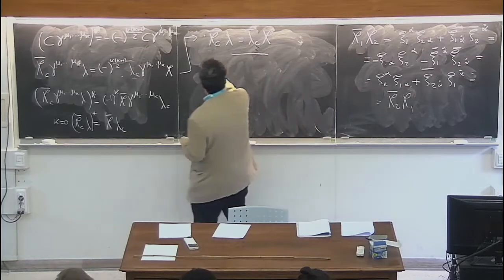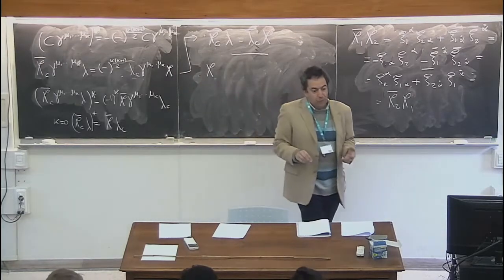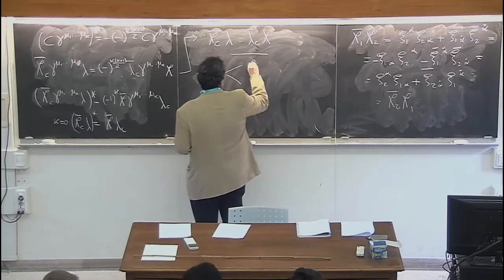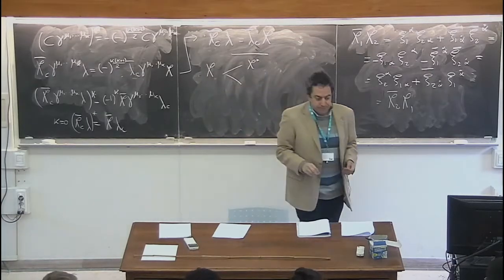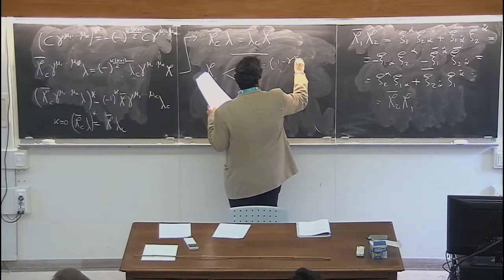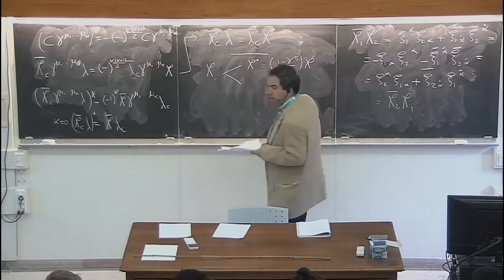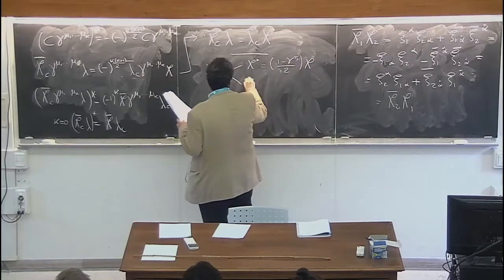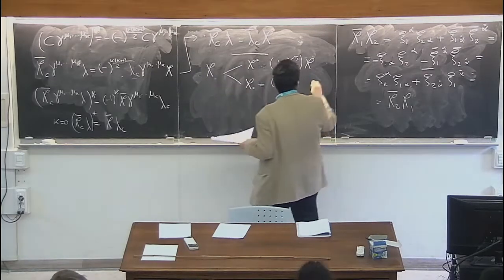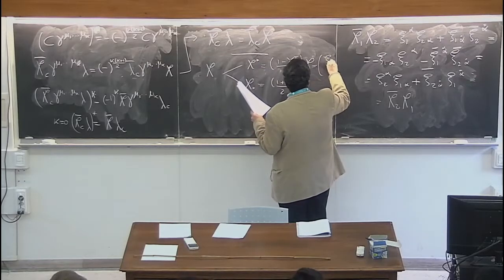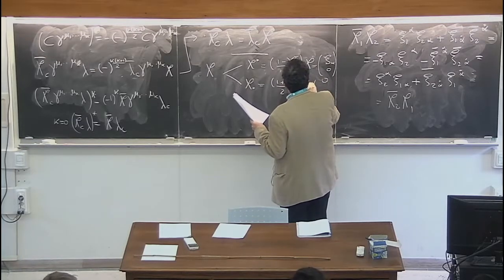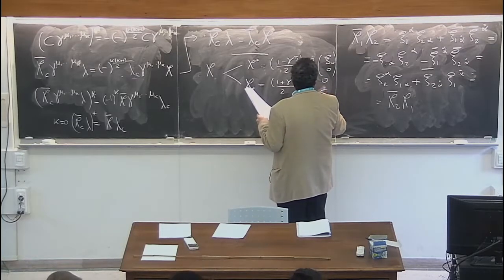Given a generic spinor, we can define its chiral components. How? We define chi upper bullet, which is 1 minus gamma 5 divided by 2 times chi, and chi lower bullet, which is 1 plus gamma 5 divided by 2 times chi. These have components psi alpha, 0 and 0, zeta bar alpha dot.